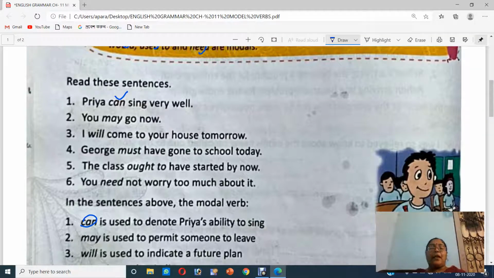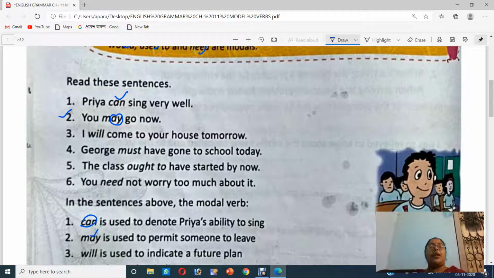Now number 2 there. You may go now. Now the modal verb used is may. What does may tell us? It gives us permission to allow somebody to leave. The word may here is giving permission to allow someone to leave.